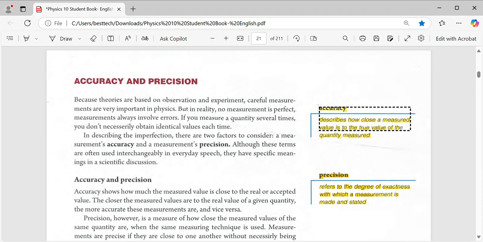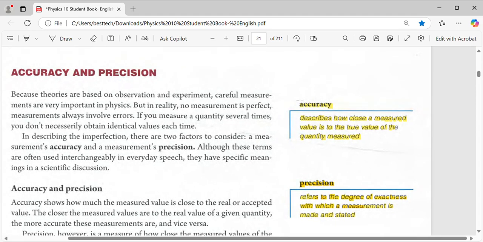Okay guys, we have another topic now. It's called accuracy and precision. This topic is important. First, let me explain what I mean by accuracy. Accuracy describes how close a measured value is to the true value of the quantity measured. Let me tell you something.